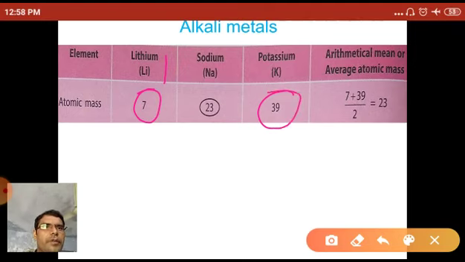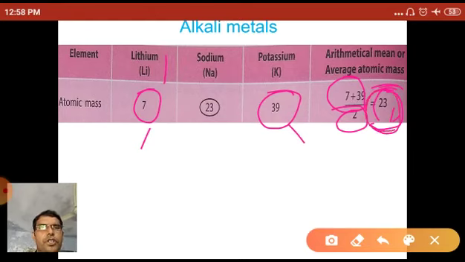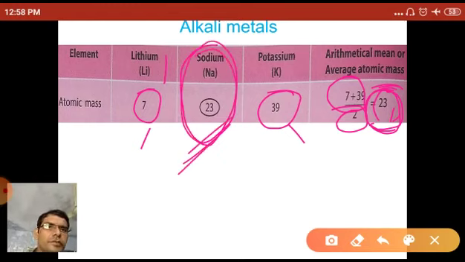We can calculate the average: 7 plus 39 divided by 2 gives 23. This average atomic mass of the first and third elements is equal to the atomic mass of the middle element, sodium, according to the law of Dobereiner's triads.